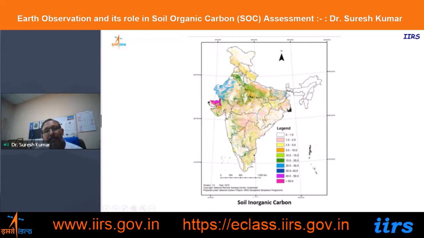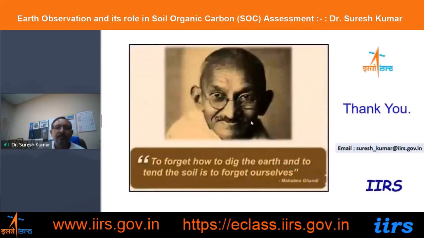This is the distribution of inorganic carbon, not organic, present as calcium carbonate or magnesium carbonate forms in the soils. This was the country-level estimate from the National Soil Carbon Project conducted by IIRS, ISRO.